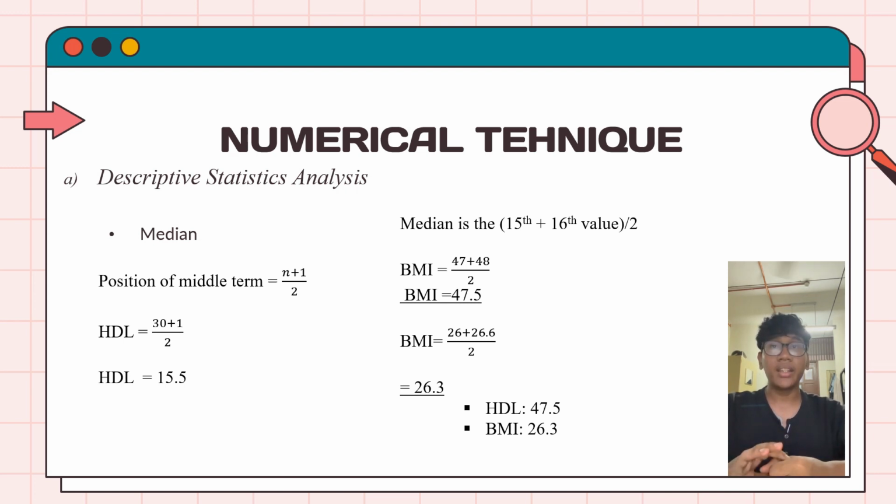Similarly, for BMI, the median is found to be 26.3, computed as the average of the 15th and 16th value in the dataset. This figure represents the central tendency of the HDL and BMI distribution, providing insight into typical value within the dataset.